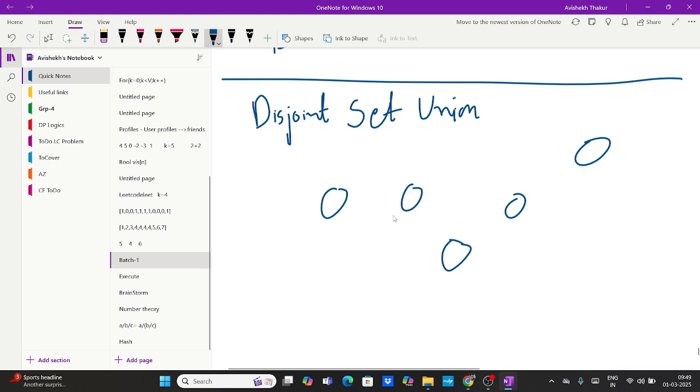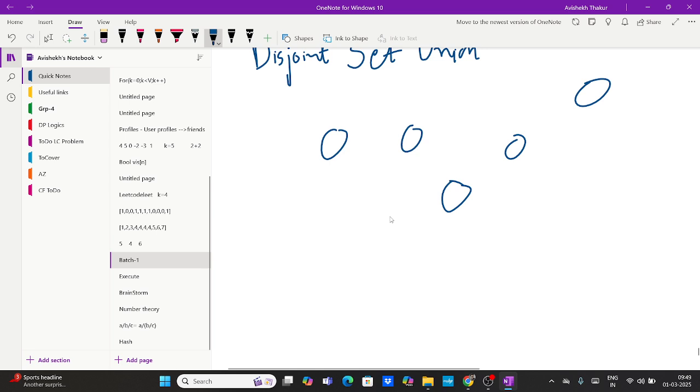Now every time I will ask you to merge two nodes. Let's say this is node number 1, this is node number 2, this is 3, this is 0, this is 4, and I'll ask you to please merge 2 and 3. As soon as you merge 2 and 3, the number of components decreases, right? Now how many components are there in this graph?